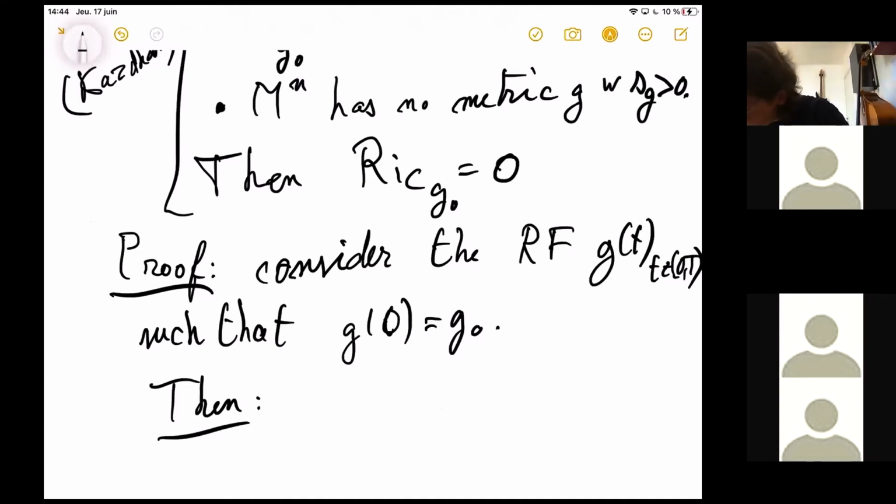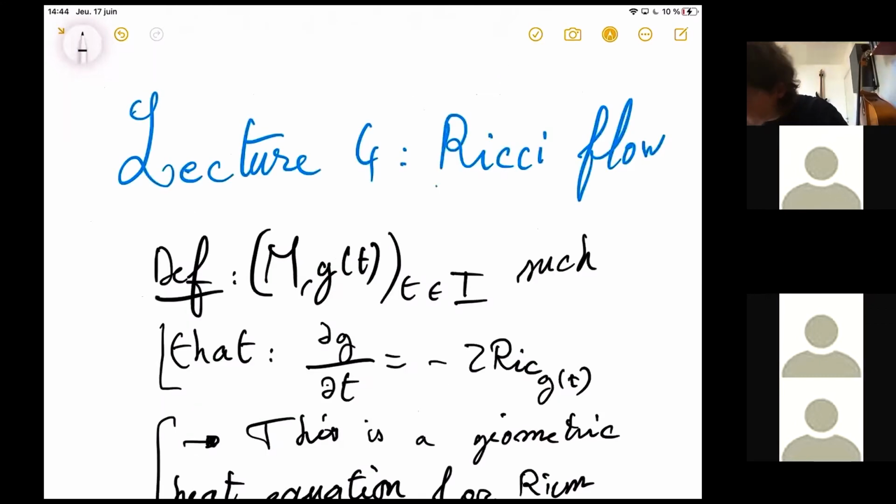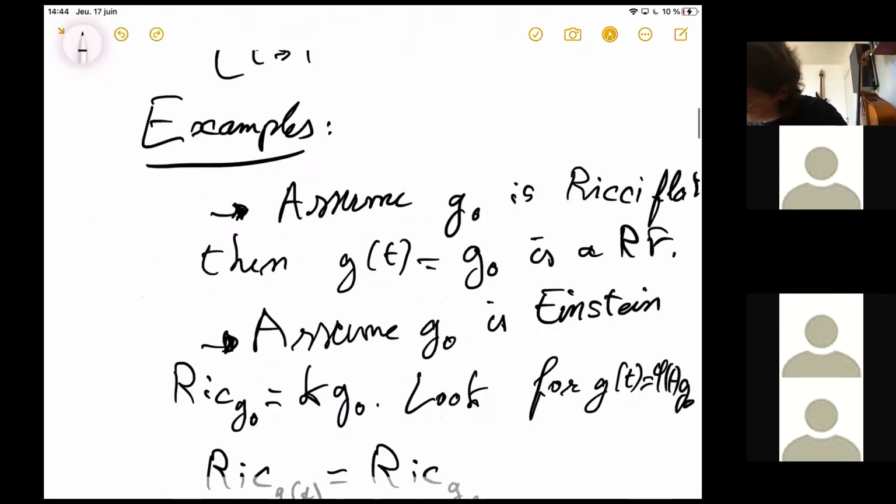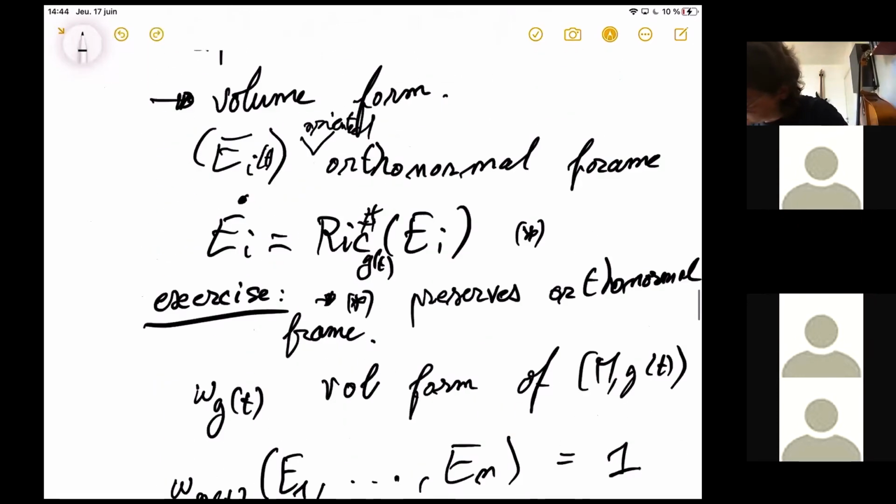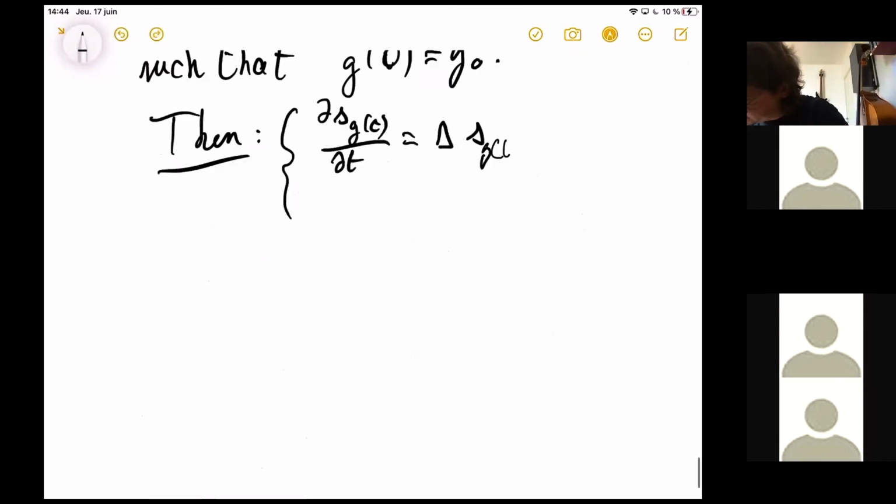Then we know two things. If we look at the evolution equation for the scalar curvature, it was the Laplacian. I will more and more drop time dependence in those equations.